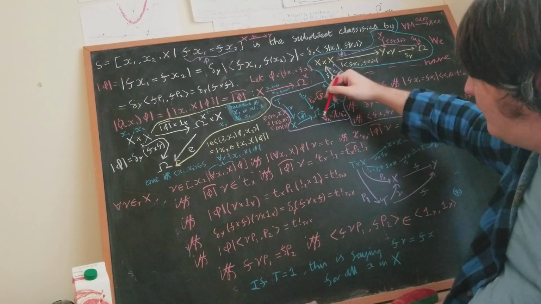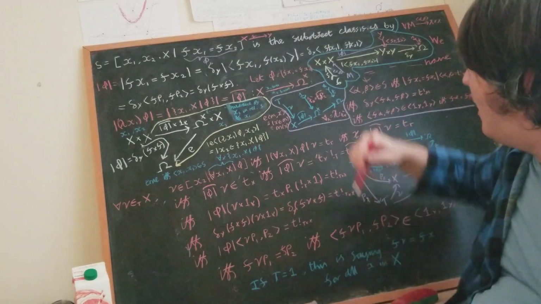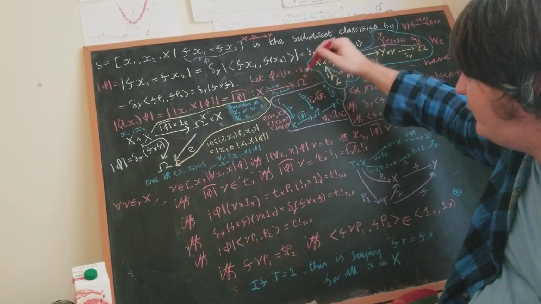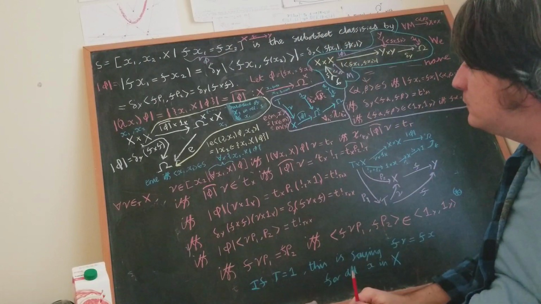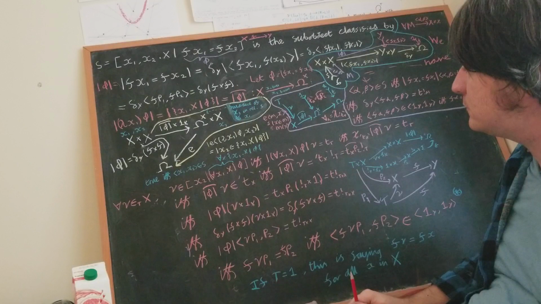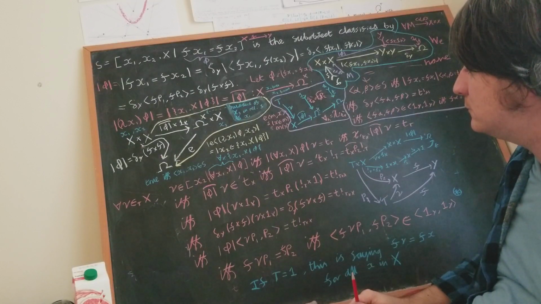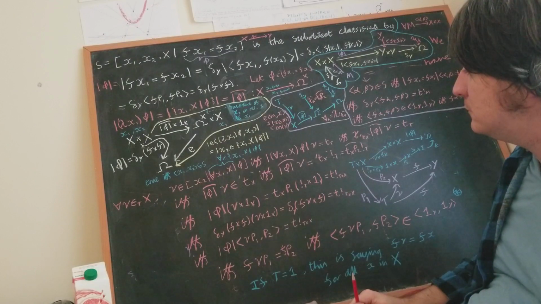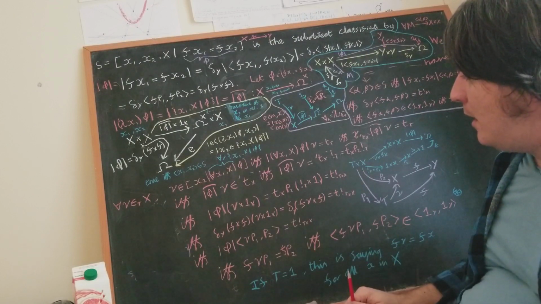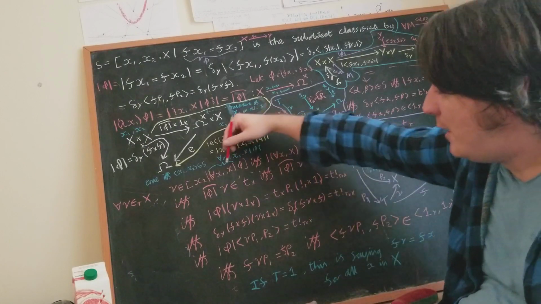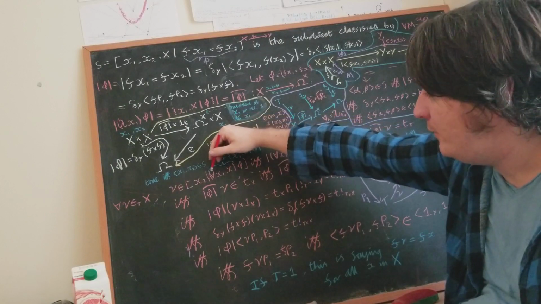So for all x is defined as the classifying arrow of the name of tx. And so we're going to try and understand what this term here means.